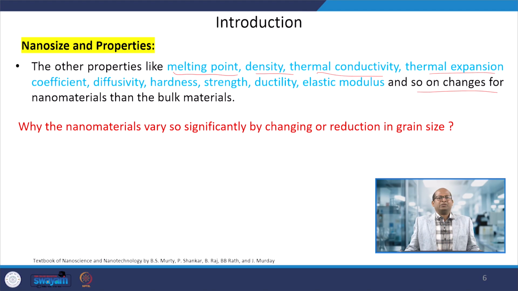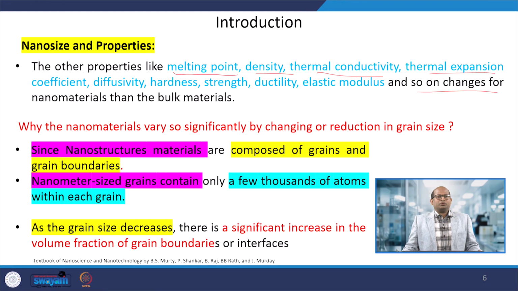Why do nanomaterials vary so significantly by changing the grain size or particle size? Since nanomaterials are nanostructured materials, they are composed of grains and grain boundaries. Nanosized grains contain a few thousand atoms each.